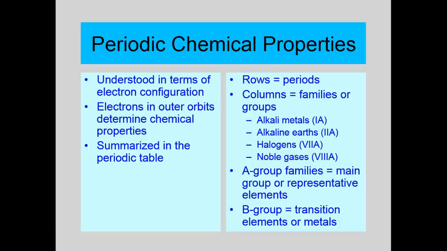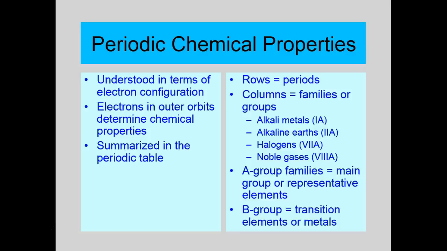By the way, the rows are the n numbers. n equals 1, n equals 2, 3, 4, up to 7. Okay? Those are the rows, the n numbers. The columns are the families or groups. 1A, which is underneath hydrogen: lithium, sodium, potassium, rubidium, cesium, and francium, which no one ever uses or knows about.